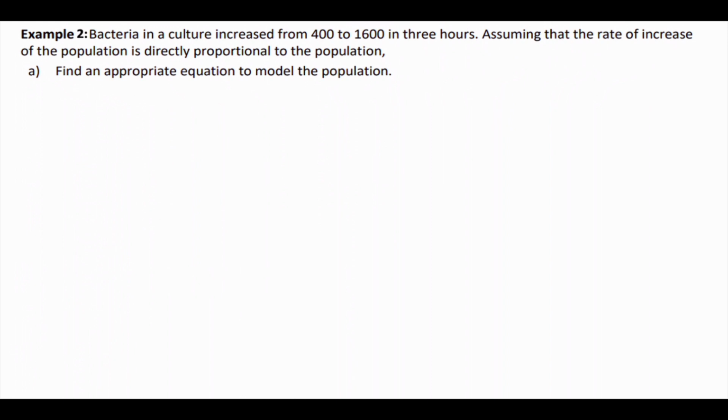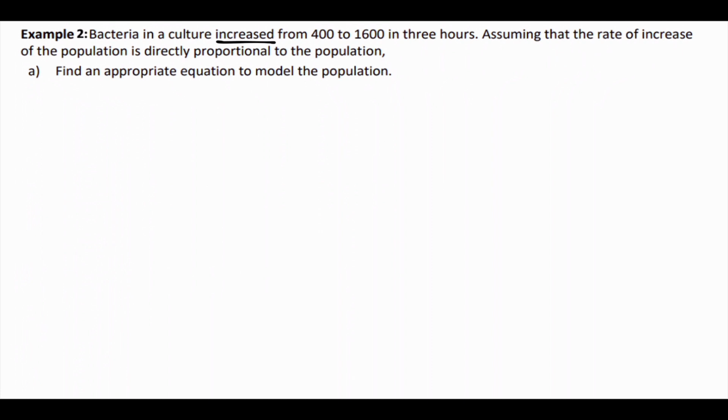These are all context problems, meaning there's a story behind it. Bacteria, population, things growing and dying. Okay. So this case is bacteria. Bacteria are growing or increasing from 400 to 1600 in 3 hours.